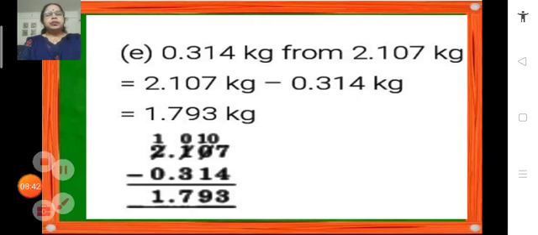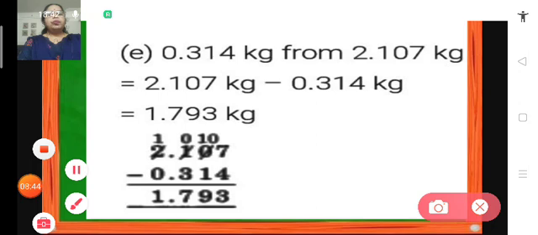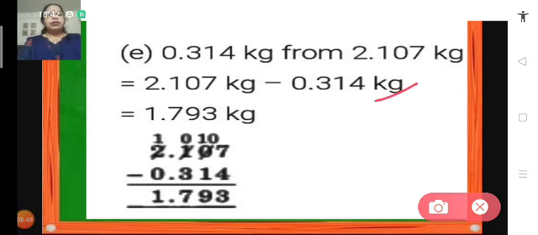E. 0.314 kg from 2.107 kg. So, it is 2.107 kg minus 0.314 kg. They are both like decimals. We write them like this and start subtraction from the thousandths place. 7 minus 4 becomes 3. In hundredths we have 0.